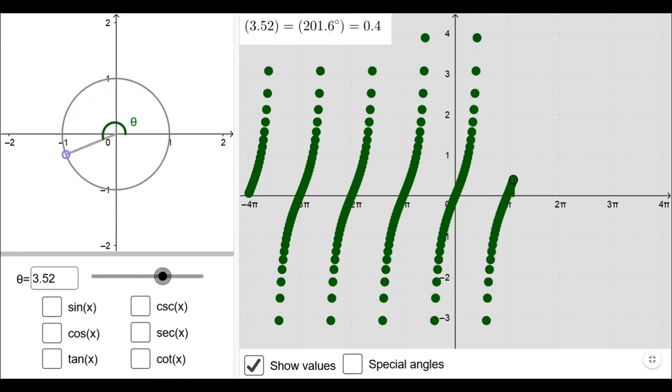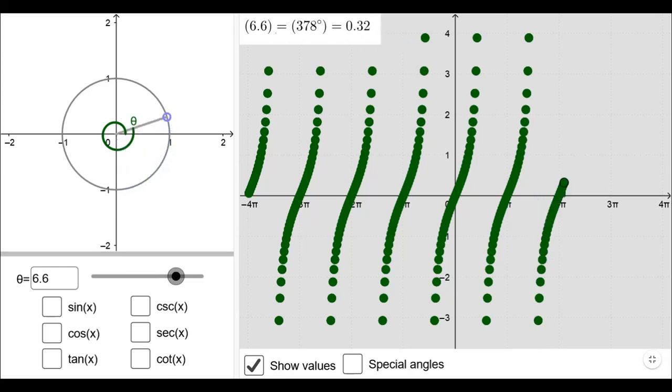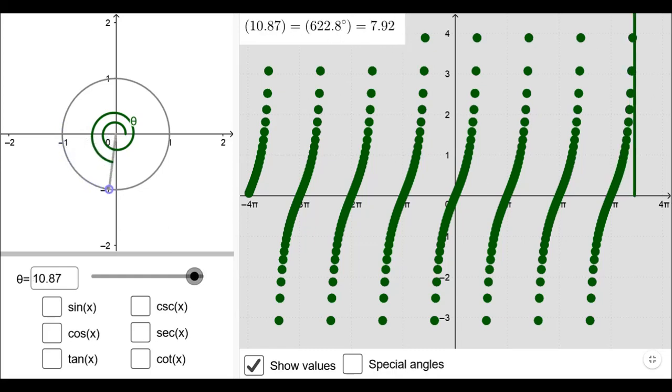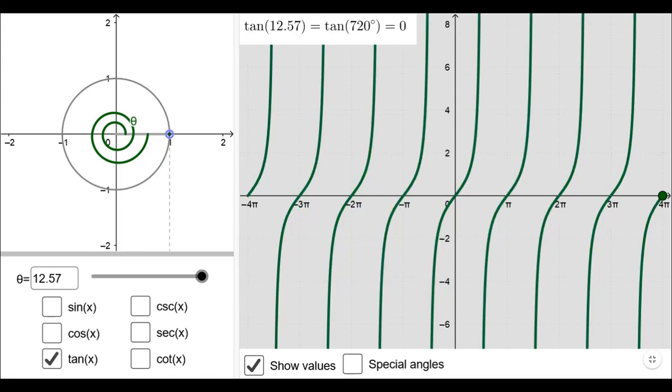Like this it continues, and you can observe that after every interval of pi it repeats, and it will continue like this, and finally the graph of the tan function will be like this.